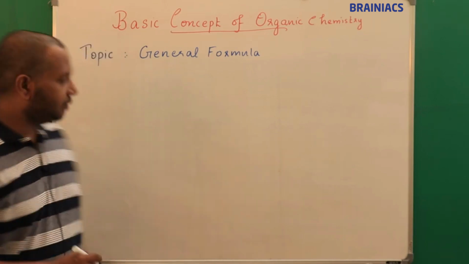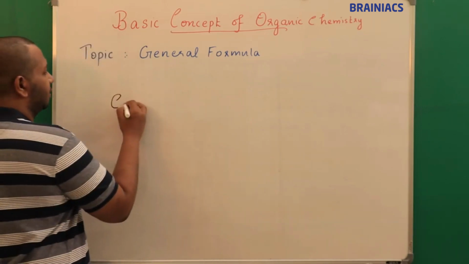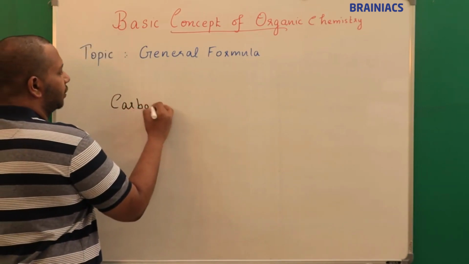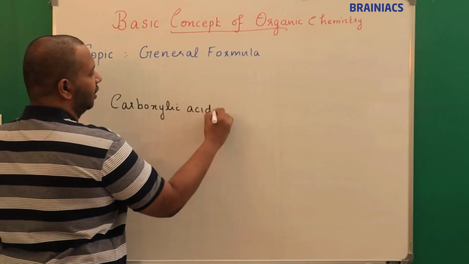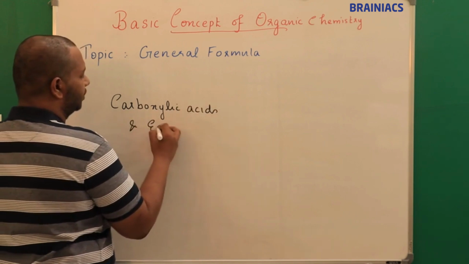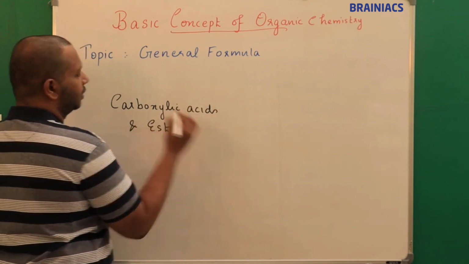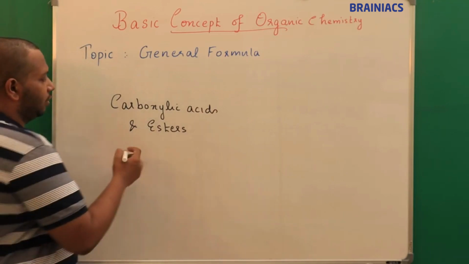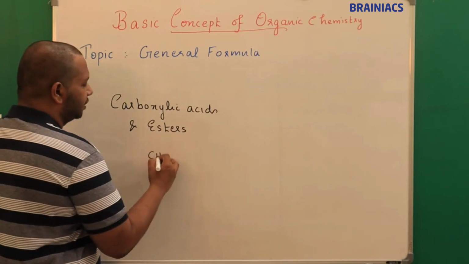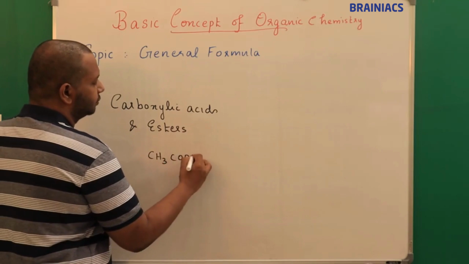Next in the group is carboxylic acids and esters. We know they are also functional group isomers. So we say carboxylic acids and esters have the same general formula. So what is that general formula? We will try to see. We will draw one simple carboxylic acid, CH3COOH.